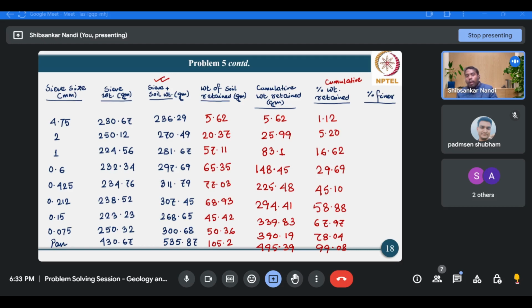So 100 minus this value, each of these values will indicate the corresponding percentage finer. Please keep in mind that these percentages are retained on that particular sieve. So if you subtract this percentage cumulative weight retained from 100, then you will get the percentage finer relevant to that particular sieve which you are considering.